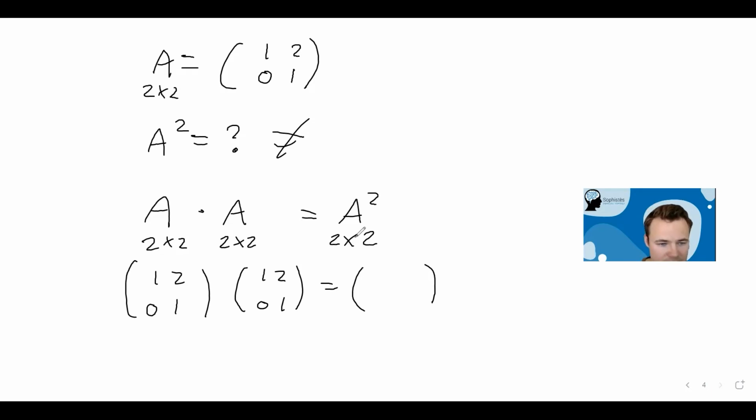I already see the first answers coming in. So you don't get a number, you get, of course, a matrix out of it, right? So the A squared is just a matrix. So I'm wondering what kind of matrix will you get?